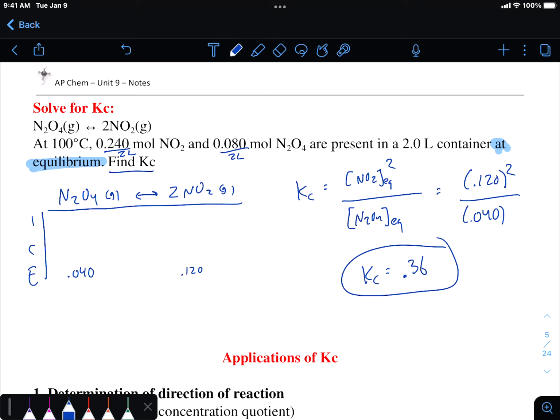Point 0.36. So slightly reactant favored, right? Because it's under 1, not tremendously by a lot, but it's under 1.